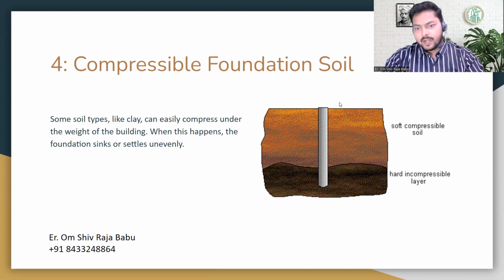Wherever we have soft compressible soil, we usually go for a pile foundation and dig till we find the hard incompressible layer. Suppose the pile is not reaching this layer, or we go for an isolated foundation or raft foundation or any other foundation apart from under-reamed piles.